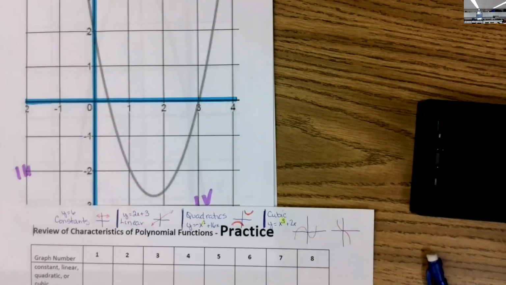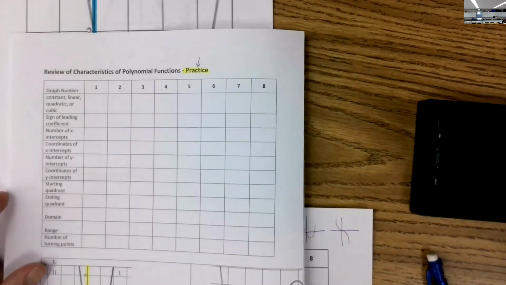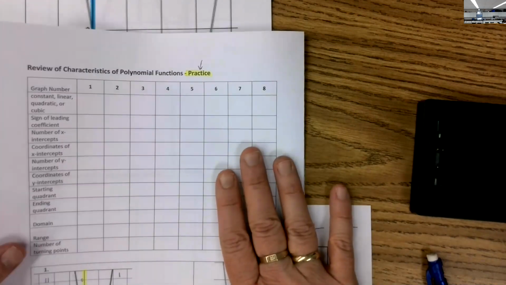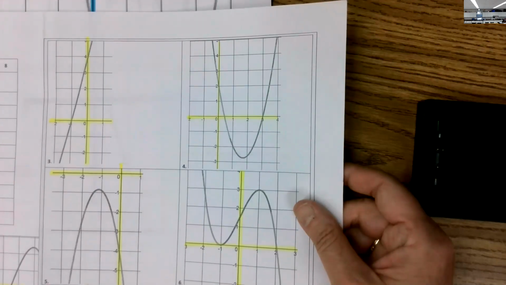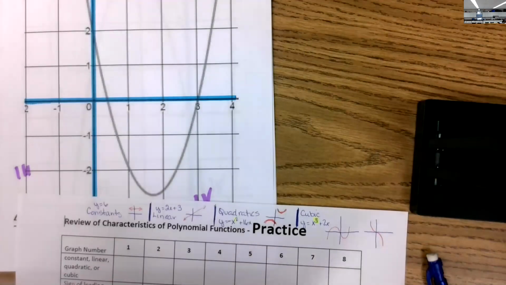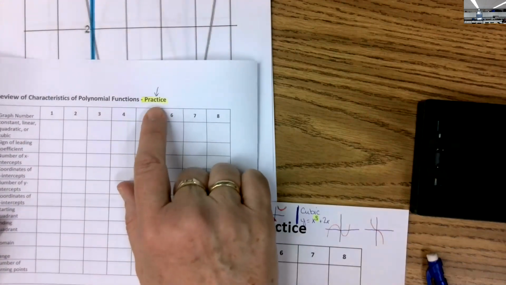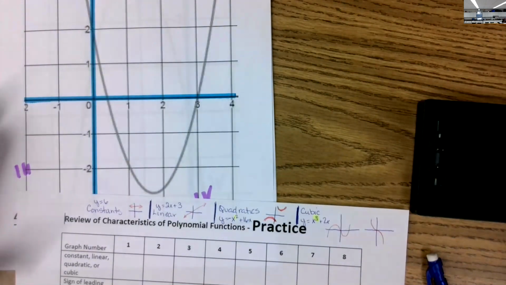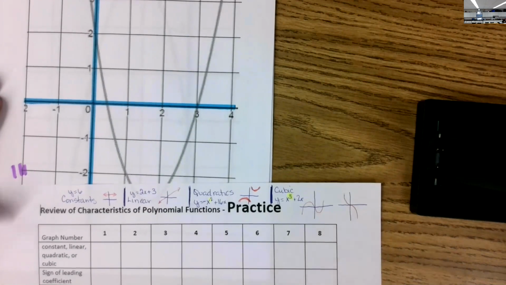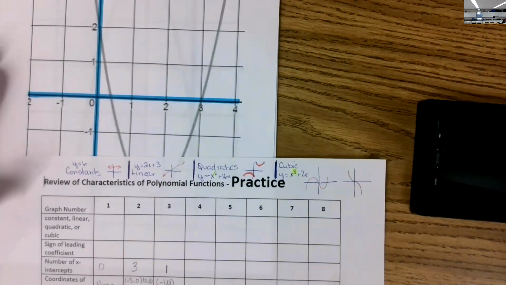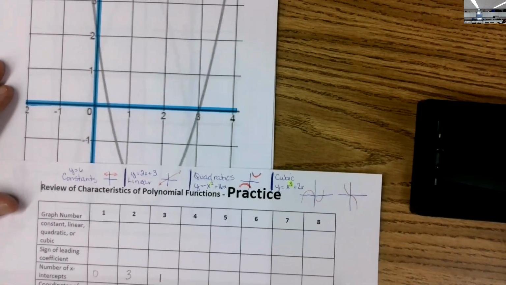All right. Jose, you are just joining now. This is the assignment we're working on. It is a big sheet, 11 by 14, so double size. But the most important thing is make sure you find the one that says practice here so that you're getting the answers in the right spot. And we are looking for x-intercepts.